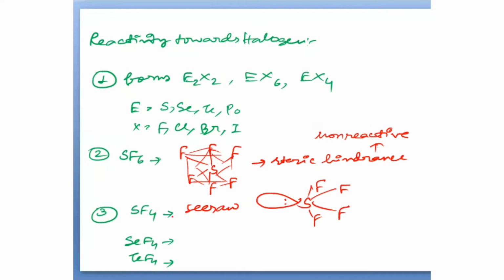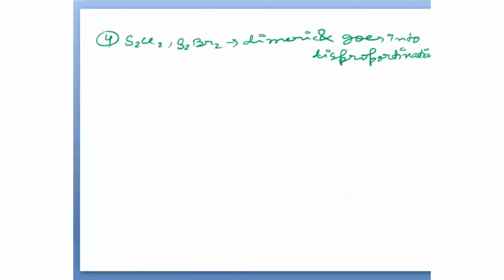But now there is also a special trait in this EF4 or EX4 molecule, that is this SF4 is a gas, but SeF4 is a liquid, and TeF4 is a solid. Okay, next, fourth is S2Cl2, S2Br2. So they are dimeric and go into disproportionation reactions. So please remember it, disproportionation reaction.